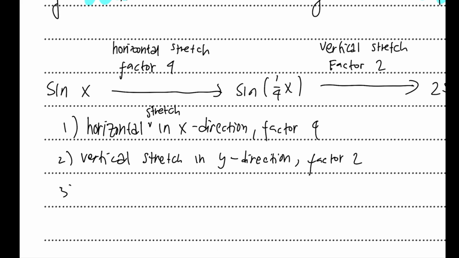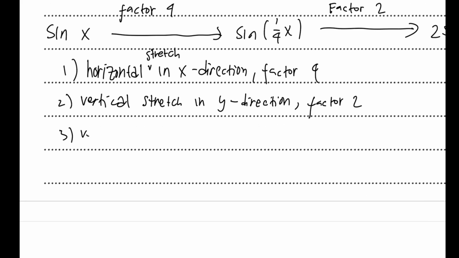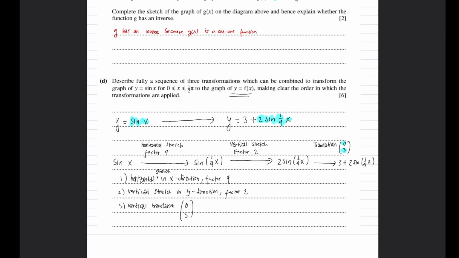And then the third one, you say vertical translation by vector (0, 3). So this is the order.